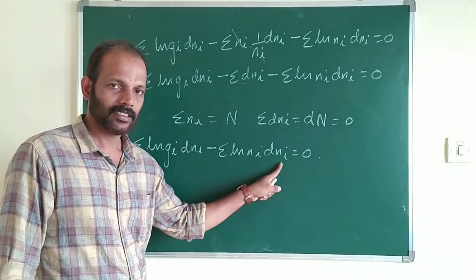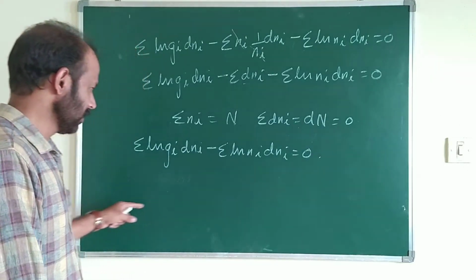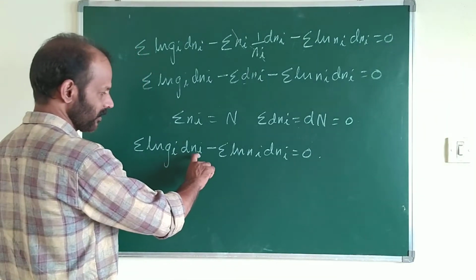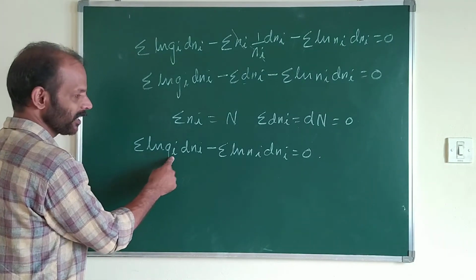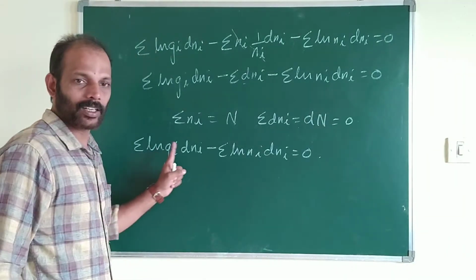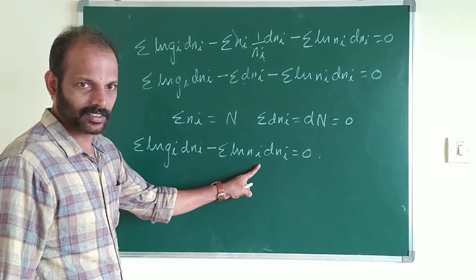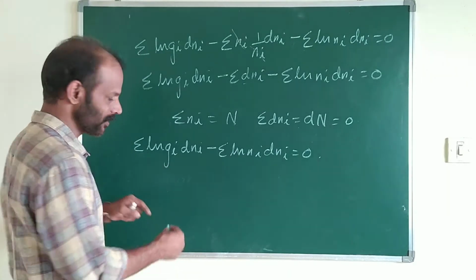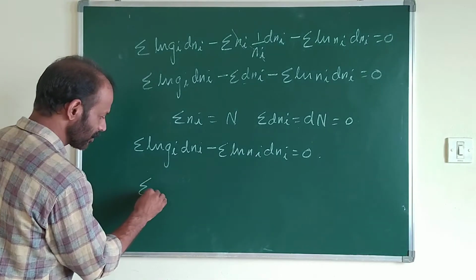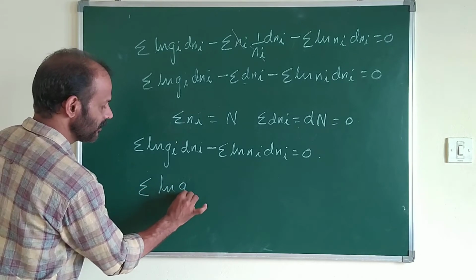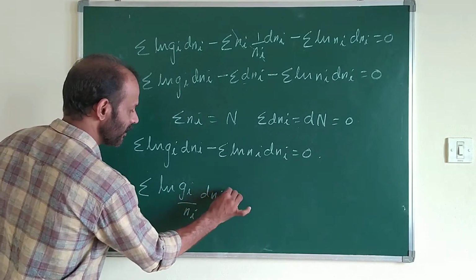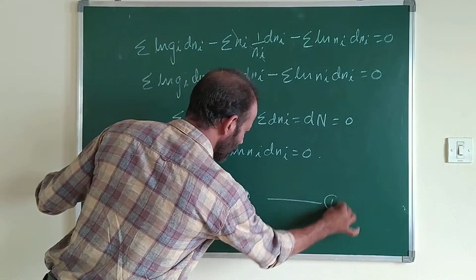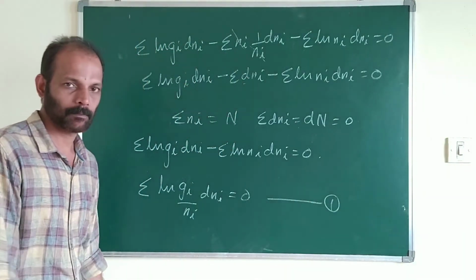Taking dni as a common term, the equation becomes ln gi minus ln ni; log a minus log b we can write as log a by b. So the equation becomes sigma ln gi divided by ni dni is equal to 0. It is our equation number 1.